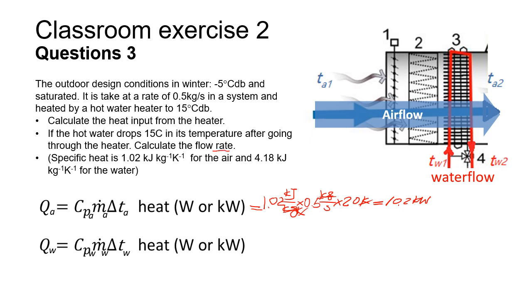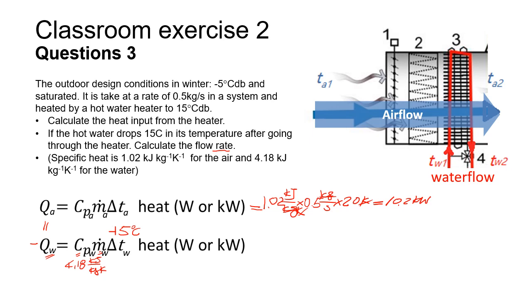So we know this is 15 C or K lost, so it has a minus, and the flow rate is to be calculated. We know the Cp of water is 4.18 kilojoule per kilogram per K, and then we know the heat, that equals minus.